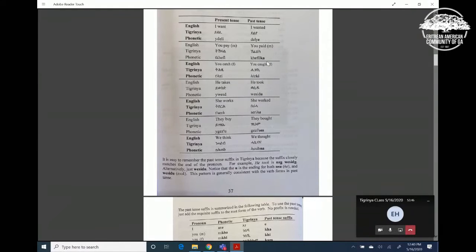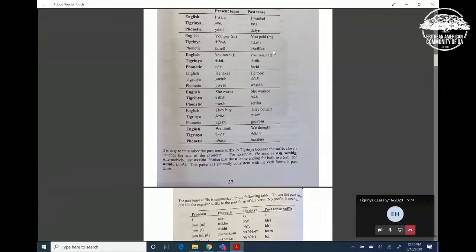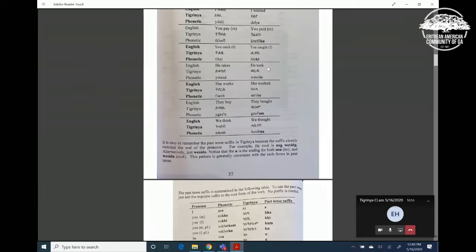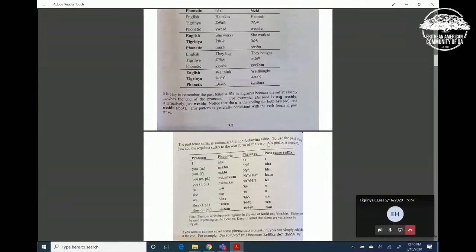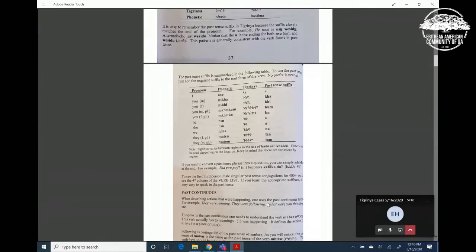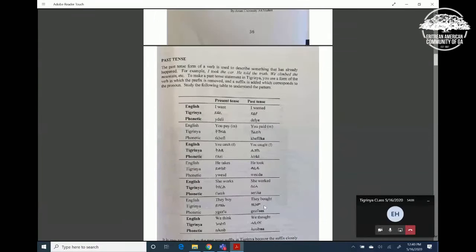For a girl, it would be K-I, ki. So this would be khafel ki for a girl. Or here we can say zaki. And this is kind of the pattern you use for past tense. Okay. So that is kind of a brief overview of past tense.